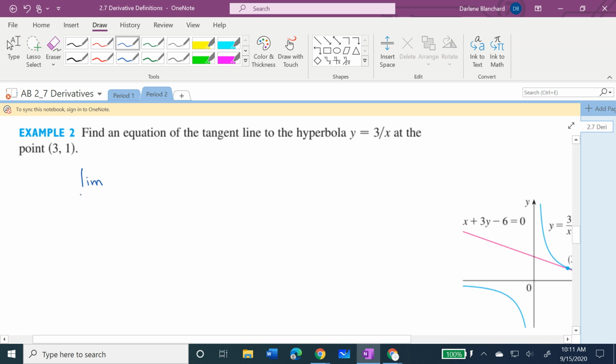Using this second definition, it always starts off like this. Let me point out to you that the number a is 3. So I'm going to find f of 3 plus h.